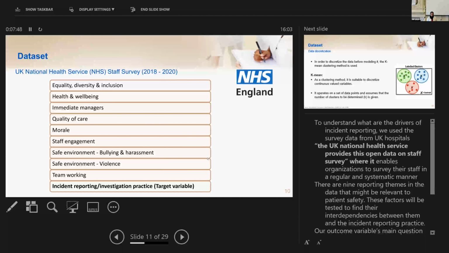These factors will all be tested for their interdependencies and their relationship with incident reporting practice. As you can see, the last factor at the bottom is our target variable, the incident reporting investigation practice. It is one of the questions from the data, which says that when errors, near misses, and incidents occur, the organization takes action to make sure that they do not happen again.